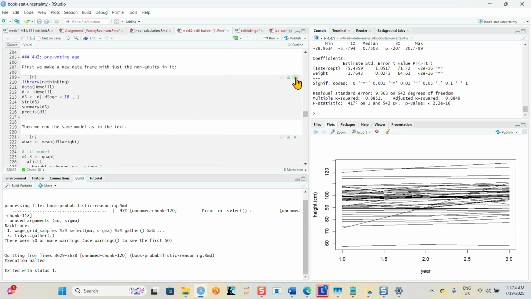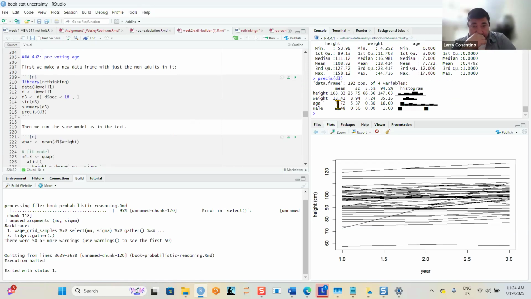Pre-voting age. And what I like about the Précis is it gives you these line by line histograms. You can turn that off. You just read the Précis instructions and you can turn that off. But you got a mean, weight, age, male. I like that. Okay, you can see what the distribution of weight is. The distribution, you see pretty much barbell for the males.